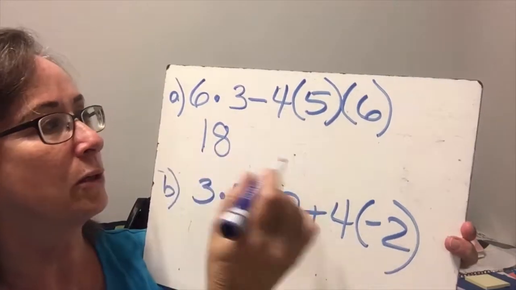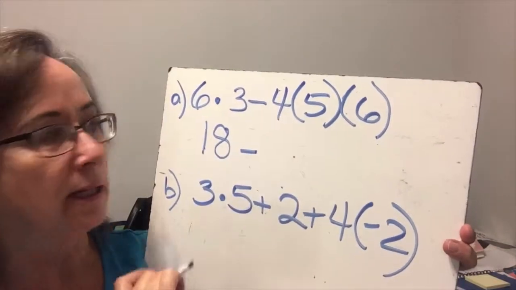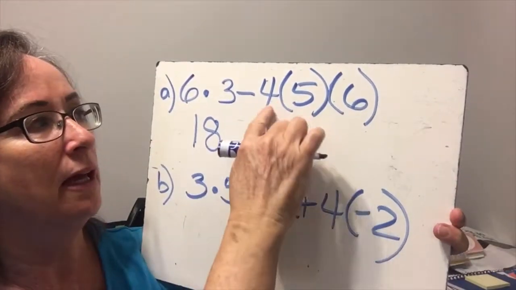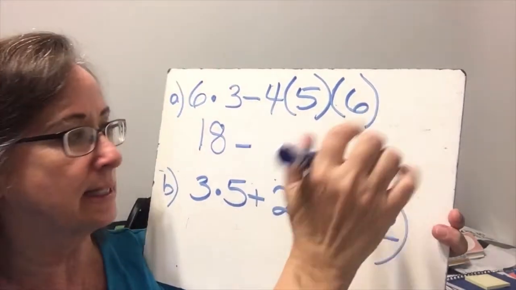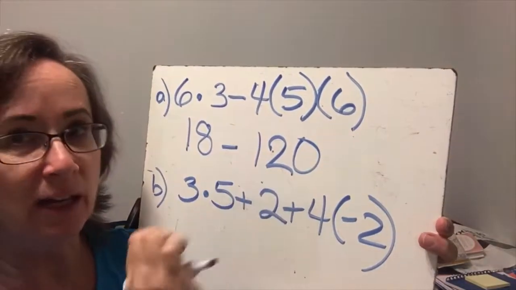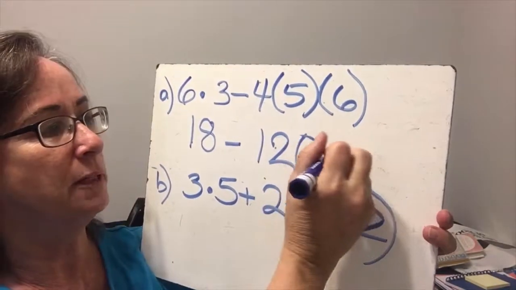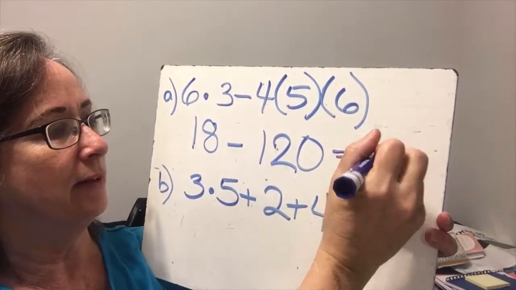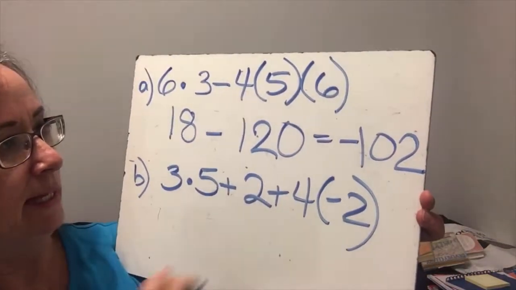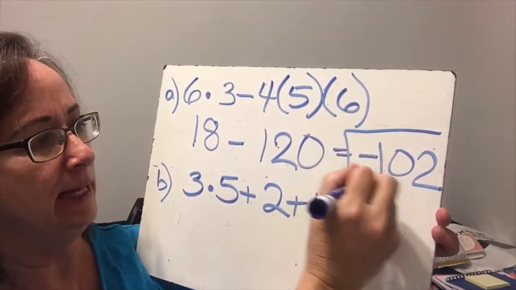And then we're going to put our minus, and then 4 times 5 times 6 is going to be 20 times 6 is 120. And 18 take away 120 is going to be a -102. Okay, so that should be the answer to A.